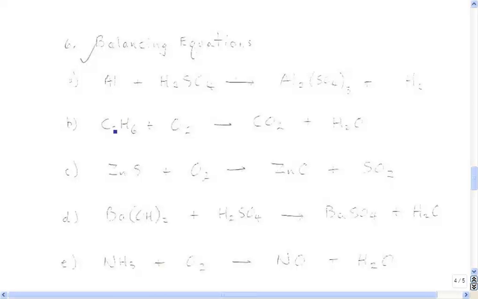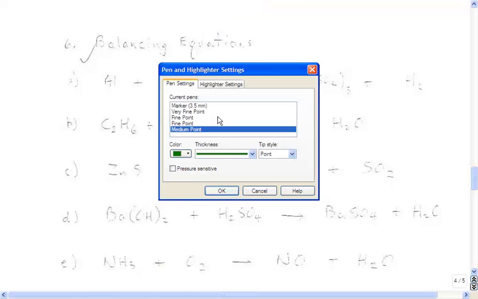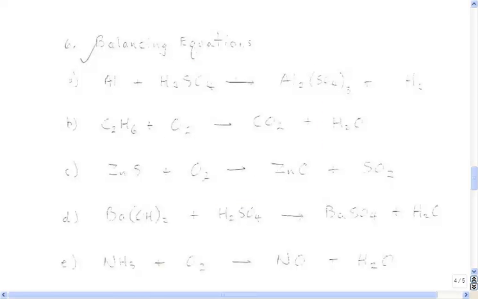So what I'm going to do is get rid of this first. In fact, let me use a white pen, and I'm going to change the pen settings to white. And so let's just draw over that C2.